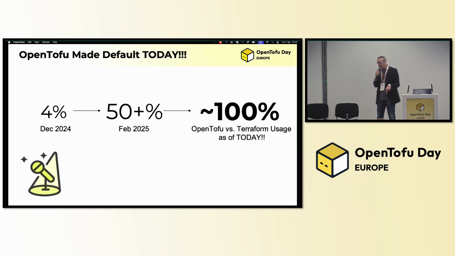Before I go into the details of how we did that migration, it's really nice timing that this morning, across Fidelity, we flipped our default CLI from Terraform to OpenTofu, meaning that all Terraform projects, or formerly Terraform projects, are now using the OpenTofu CLI by default.